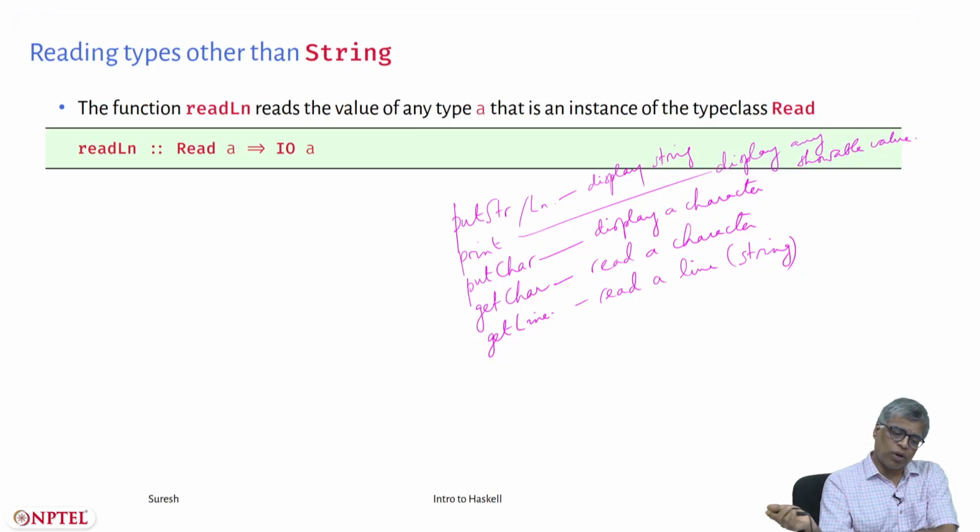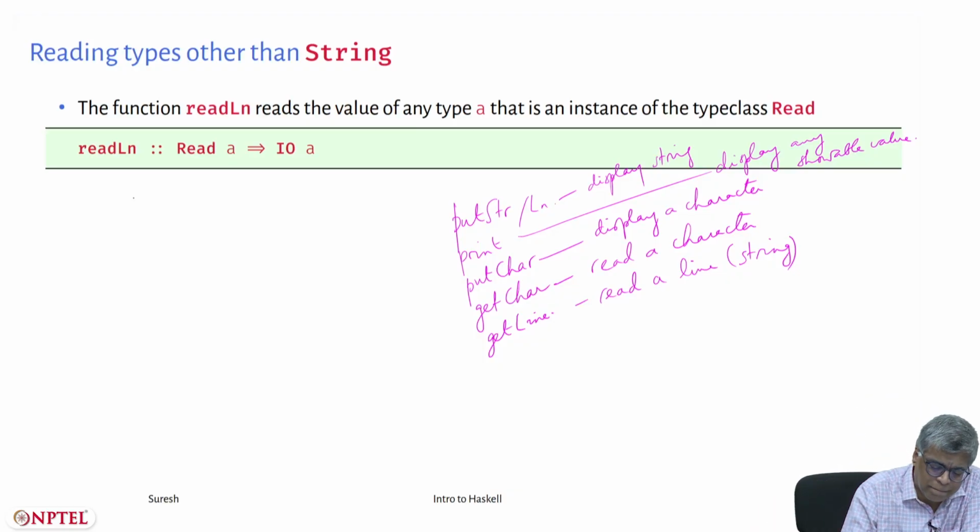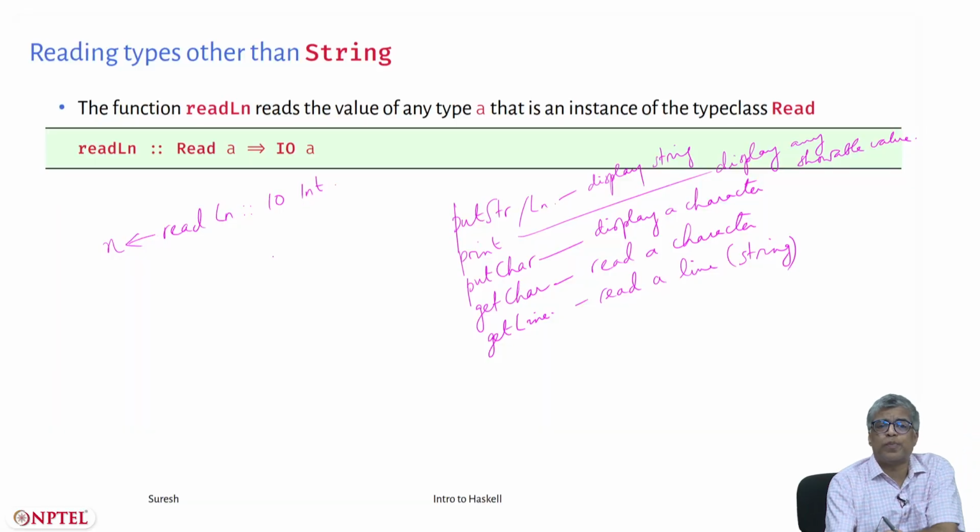So readLn is of type Read a => IO a, and we will see that the way you use readLn is to say n is readLn. Right, you need to specify a type, readLn colon.